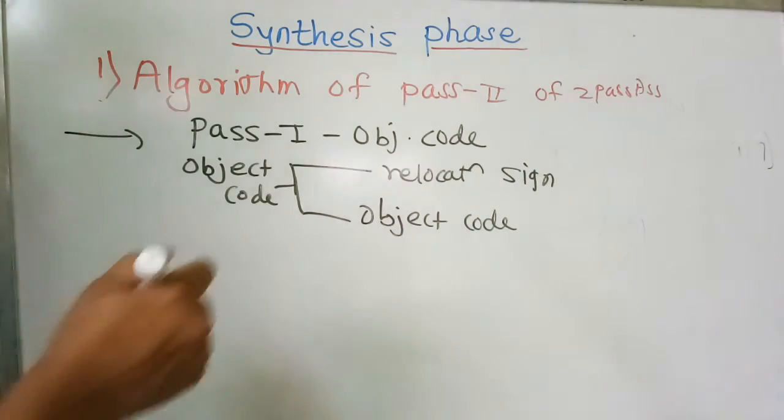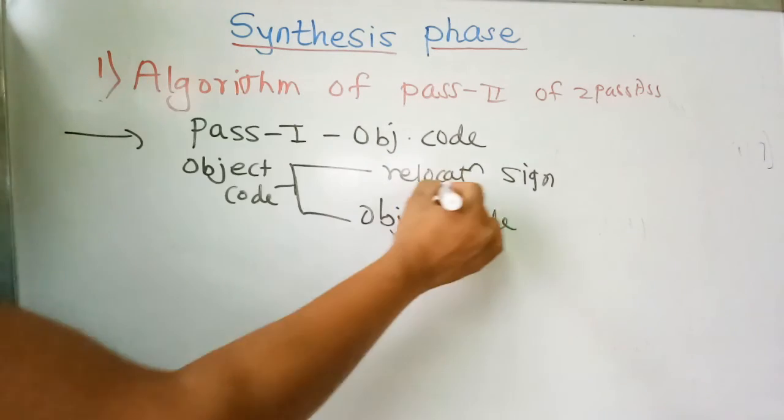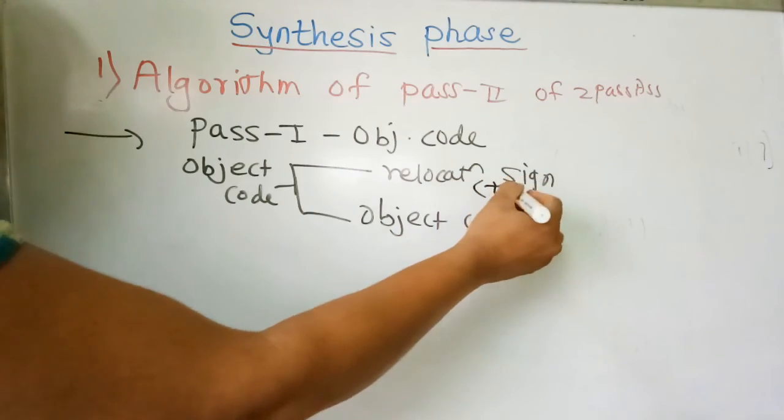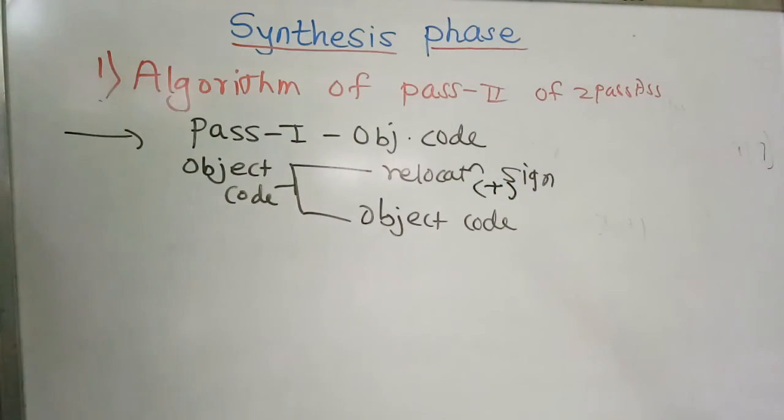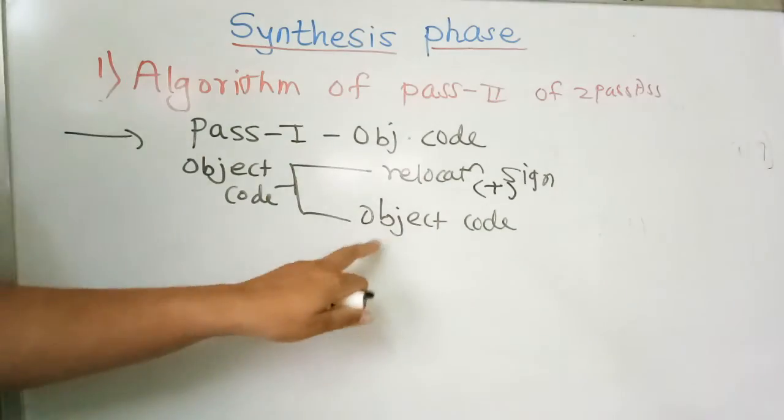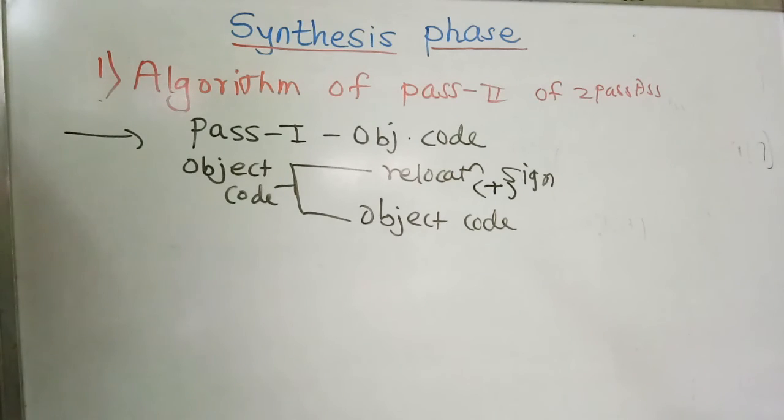In the previous step, we also discussed this. If the instruction is address sensitive, meaning it is an imperative statement, then its relocation sign is plus, otherwise it is empty. If the relocation sign equals plus, the loader adds the load origin, the starting address, to the object code and then it is loaded into memory.